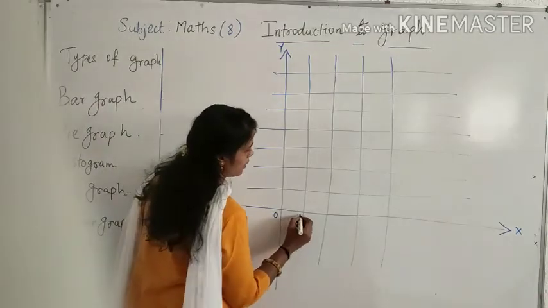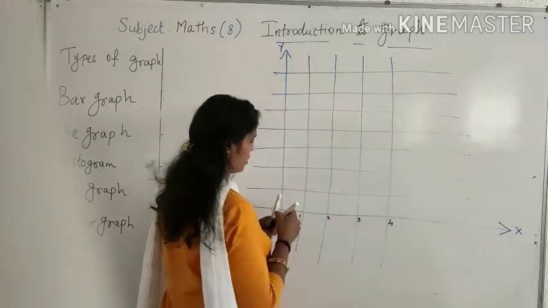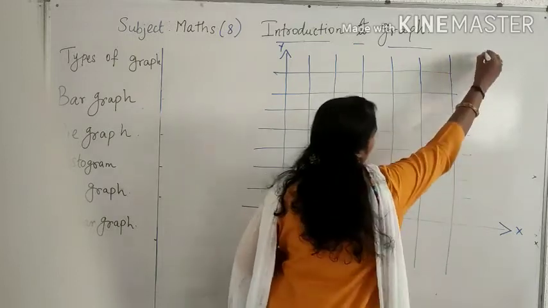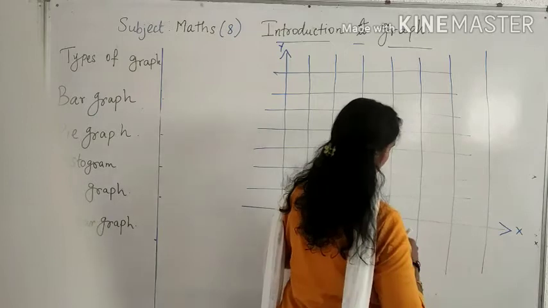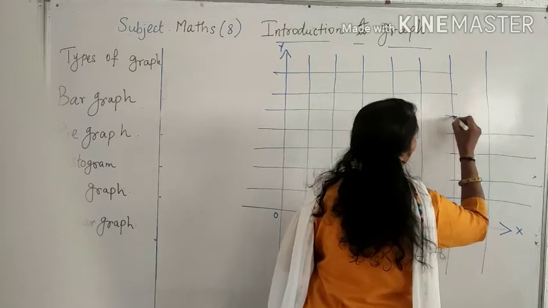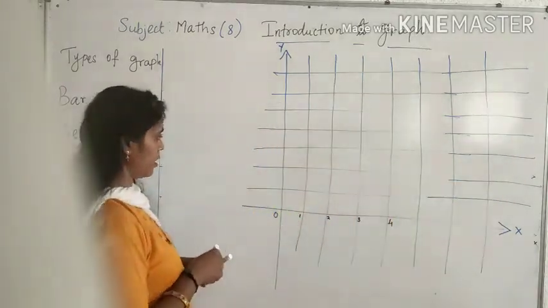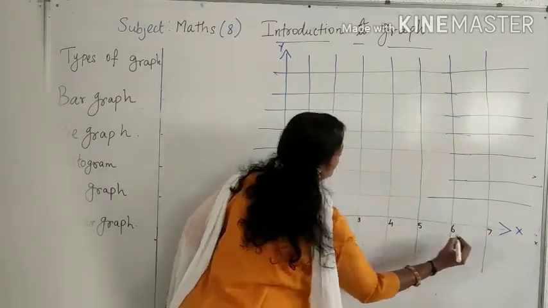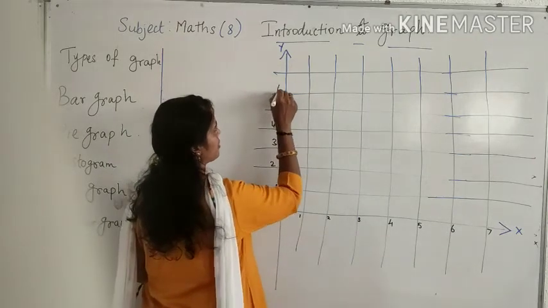Here it is the first row, 1, 2, 3, 4, and you can mention more also, 5, 6, 7. Here we have taken 0, 1, 2, 3, 4, 5, 6 and 7.